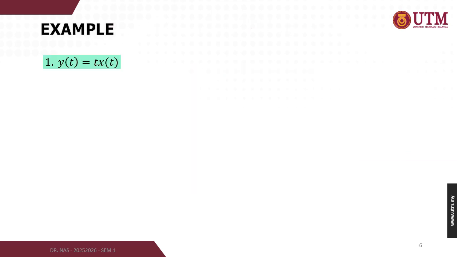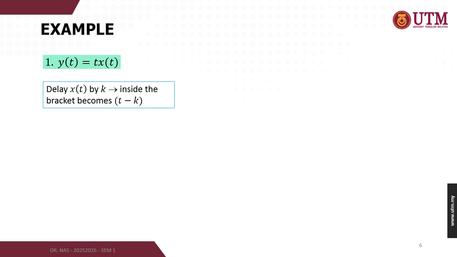Okay, let's look at the first example. We need to use the three steps as shown in the earlier slides in order to determine whether this system is time invariant or time variant. First, delay the input signal by k.